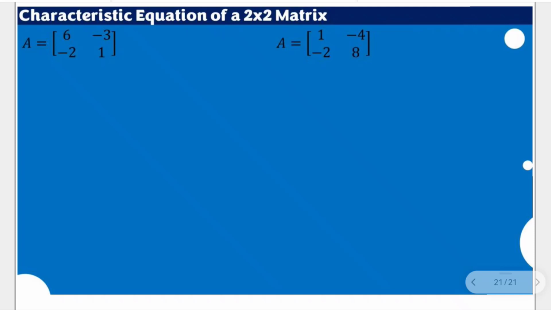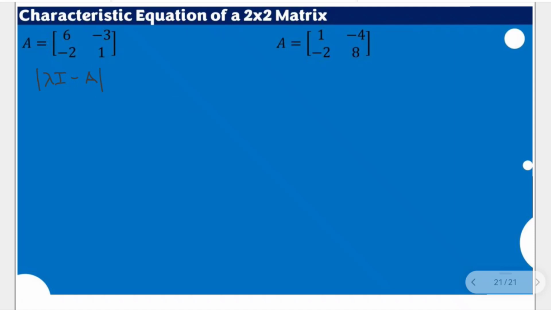Okay, so we are going to come up with the first matrix, a matrix which is the product of your lambda as a variable times an identity matrix minus your A matrix.